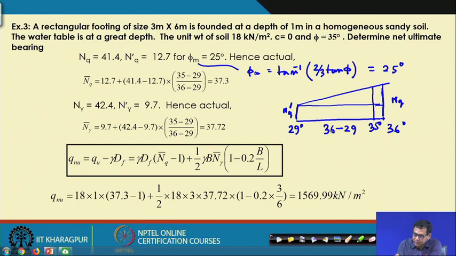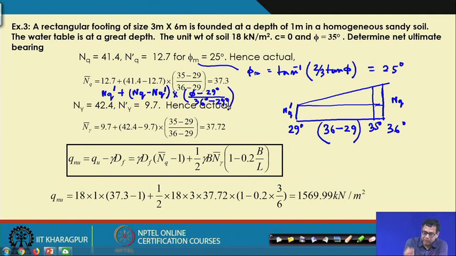So, this is the difference of 29, and then NQ bar will be the NQ dash plus the NQ minus NQ dash, multiplied by your phi value minus 29 degrees divided by 36 degrees minus 29 degrees.